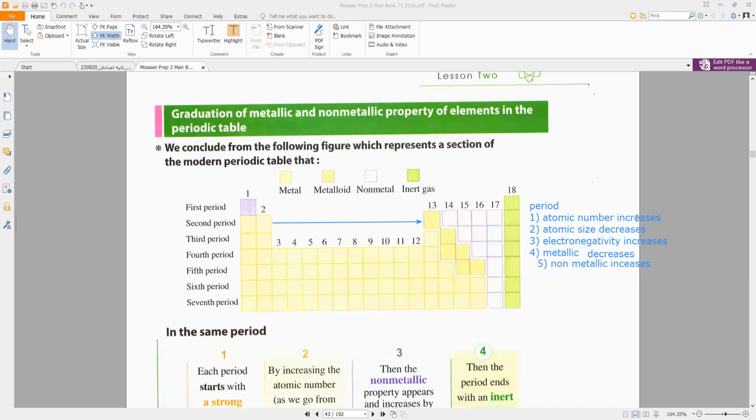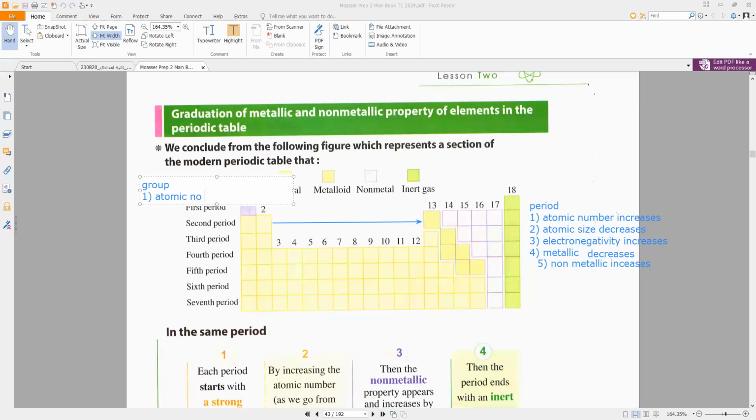This is all about the properties of the elements that we study in this lesson. In a period, atomic number increases, atomic size decreases, electronegativity increases, metallic property decreases, so the non-metallic property increases because they are opposite to each other. But what about in a group? In the same group from up to down, the atomic size increases, because this is the gradation of the modern periodic table.